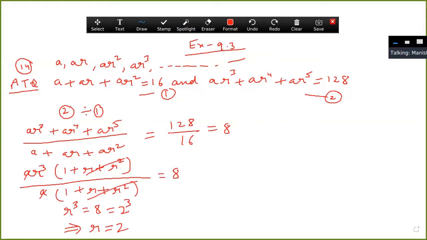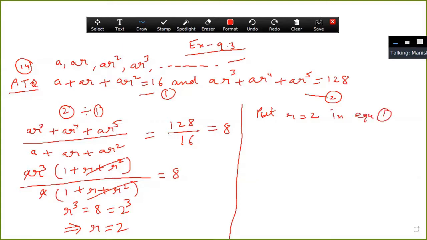Now put r is equal to 2 in the first equation.